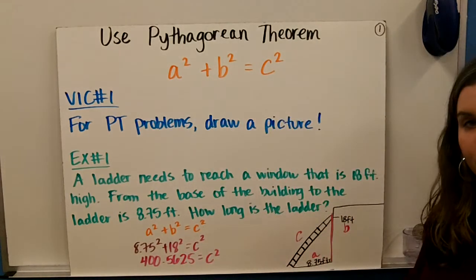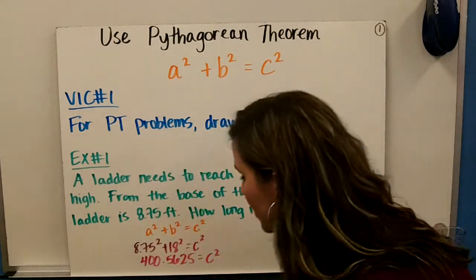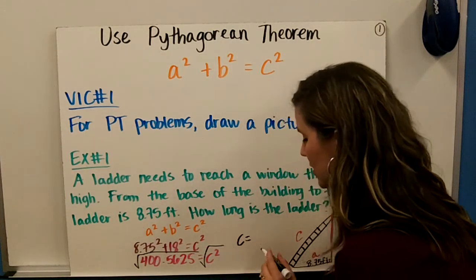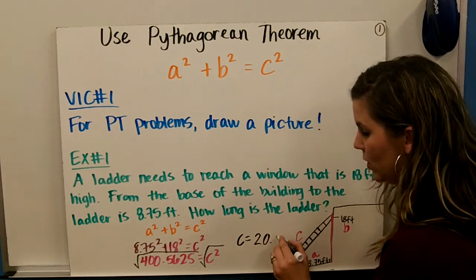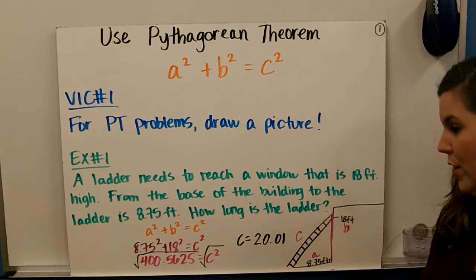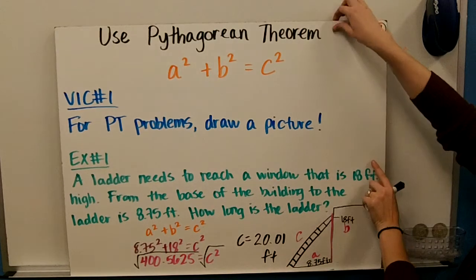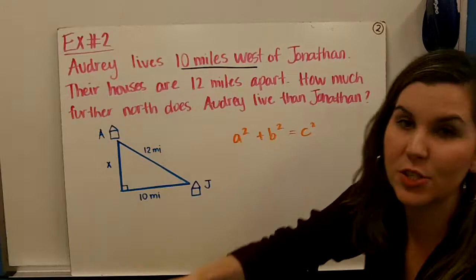And remember, to solve for C, you have to take the square root of both sides. So take the square root of this number, and C is equal to about 20.01, or about 20 feet. You would approximate for a real-life situation.